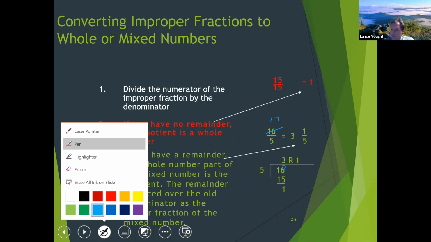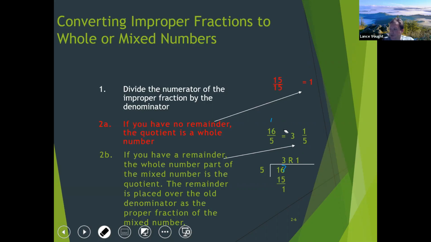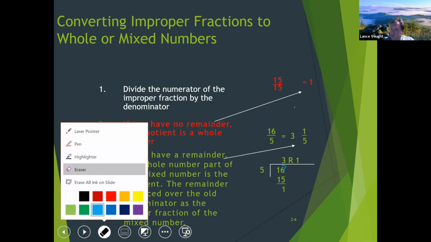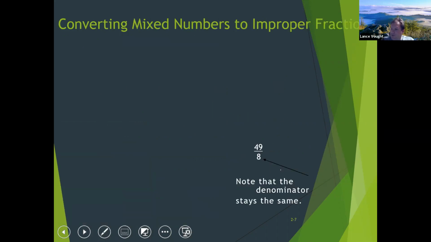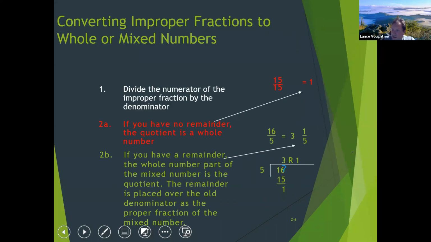Darn it, 5 is a prime number, so I can't simplify this anymore. Let's use a different example. Let's say we have 17 over 6. Will that work? No. Let's say we have 16 over 6.